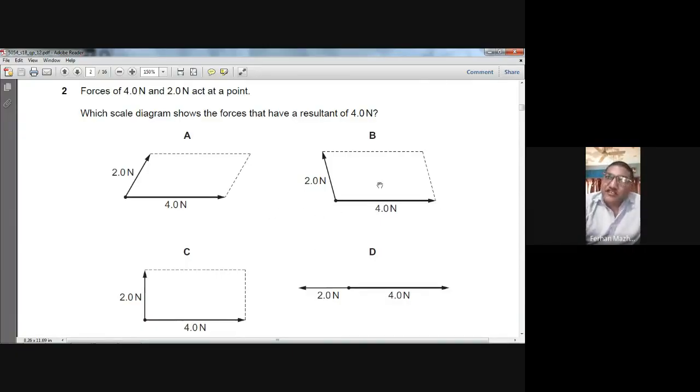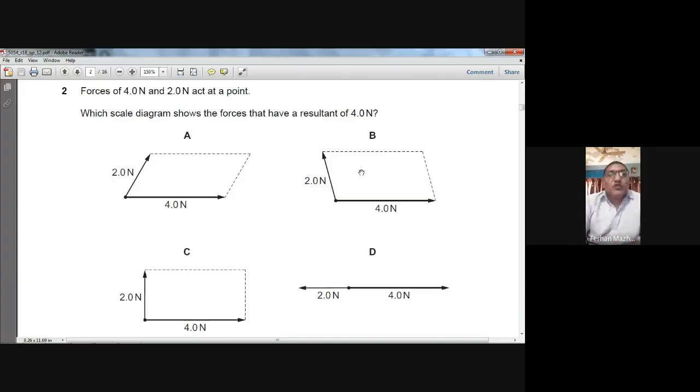Then measure this resultant force with the help of the scale. If the length of this line on the scale is equal to the length of this line, then it is the answer. So we need a scale, you measure it actually, and then by measuring how much length this 4 Newton has been represented with, if this is the resultant of these two forces, if this length on the scale is equal to this length, then the resultant is 4 Newton in this case.